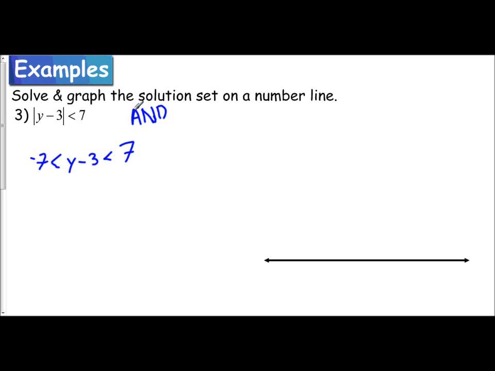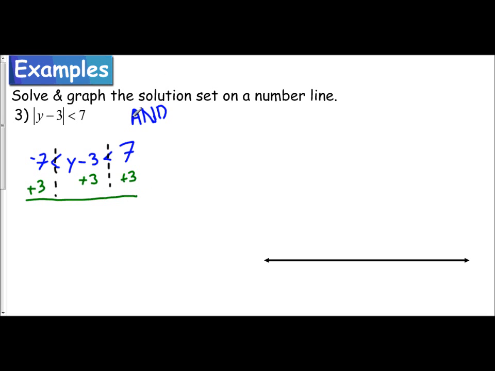And again, remember, the way we solve this is we isolate the y in the middle. And whatever we do to the middle, we do to both outsides. So to get y by itself here, I'm going to add 3. So if I do it to the middle, I'm going to do it to both the outsides.